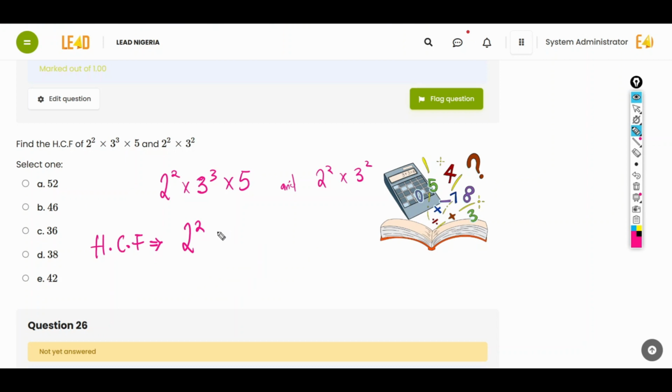When it comes to 3, at least I can find 3 squared, because this is more than I need, but at least I can find 3 squared. And for 5, at least I can find nothing, because the other one has no 5, so I might as well not pick up any 5. So this is going to be 4 times 9, which is 36.